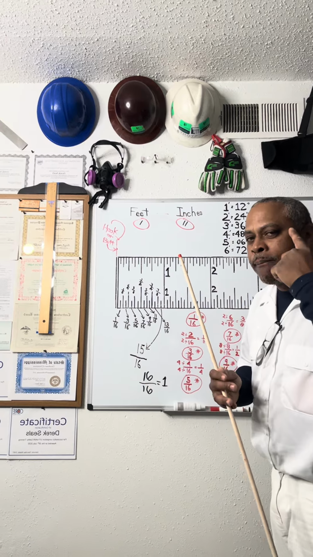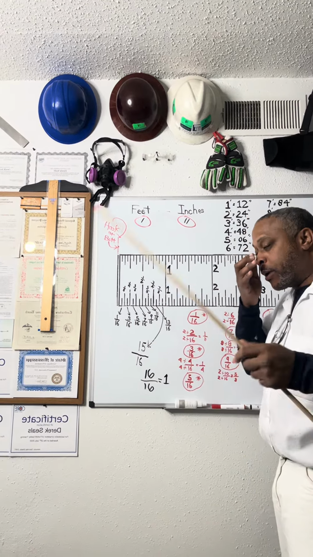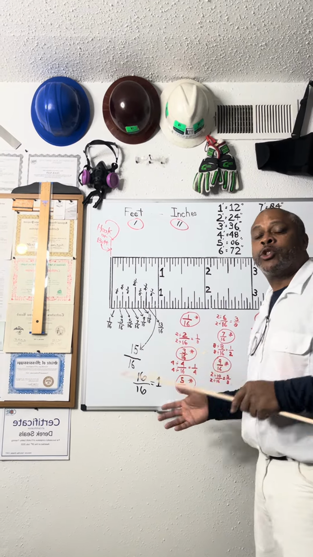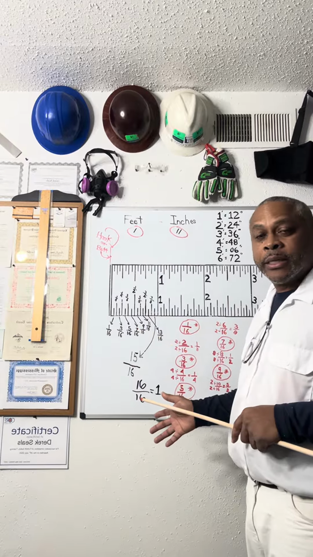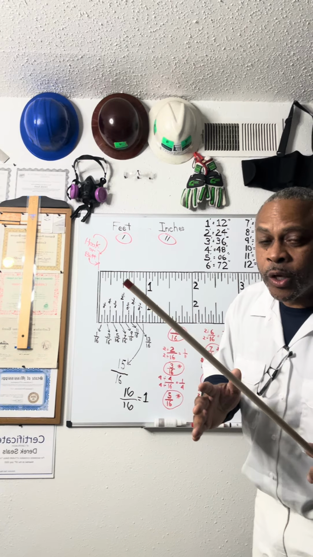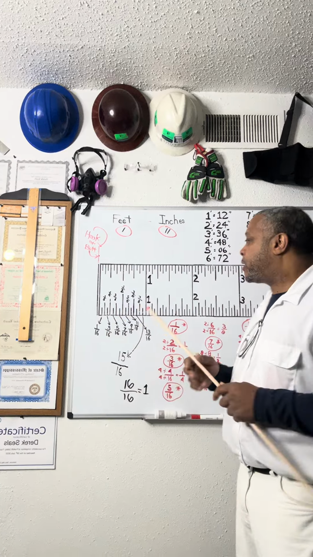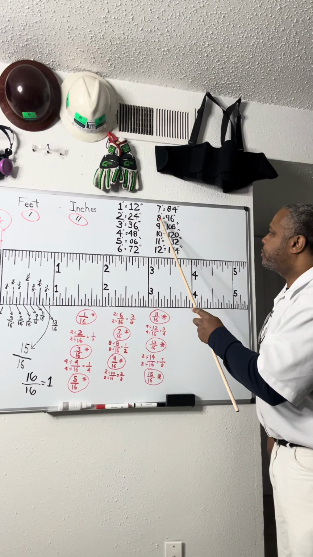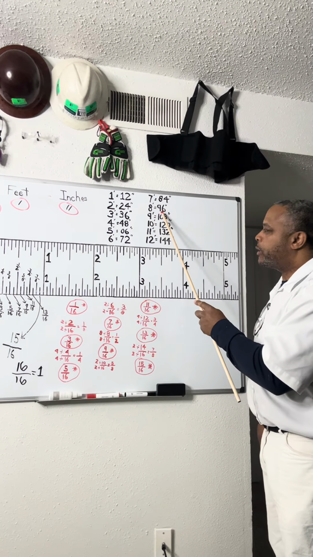So mathematically, you can think about, if I'm cutting off 3/8, then this sheet of plywood is going to be 7 foot, not 8 foot, which 8 foot is 96 inches. Let's go here. 8 feet, 96 inches.